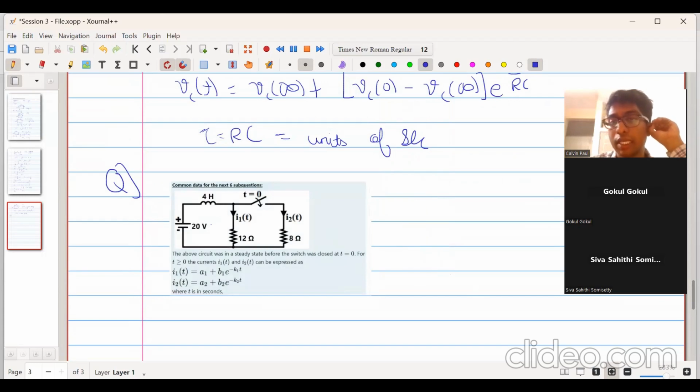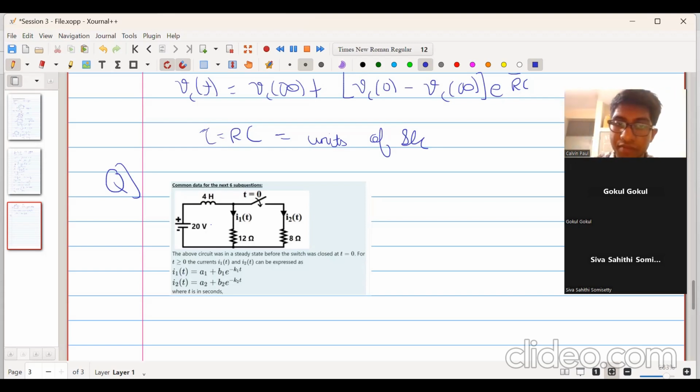Then there's a switch, and there's one more resistor connected over here. At time t equal to 0, this switch is closed. Now we want to find the expression for the current through this resistor of 12 ohm and the current through this resistor of 8 ohm.